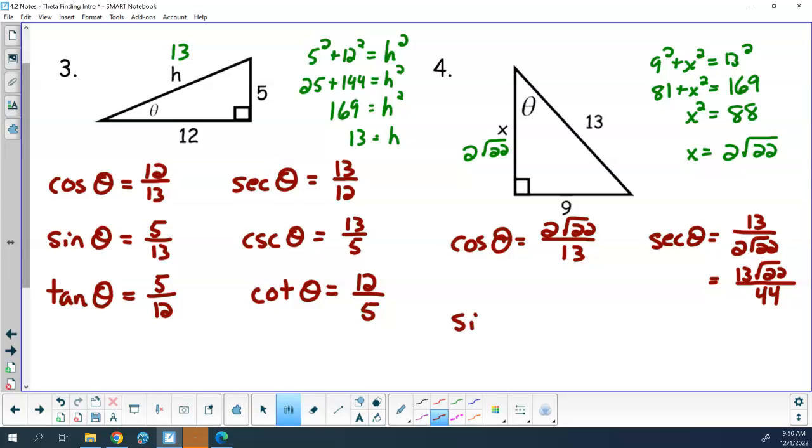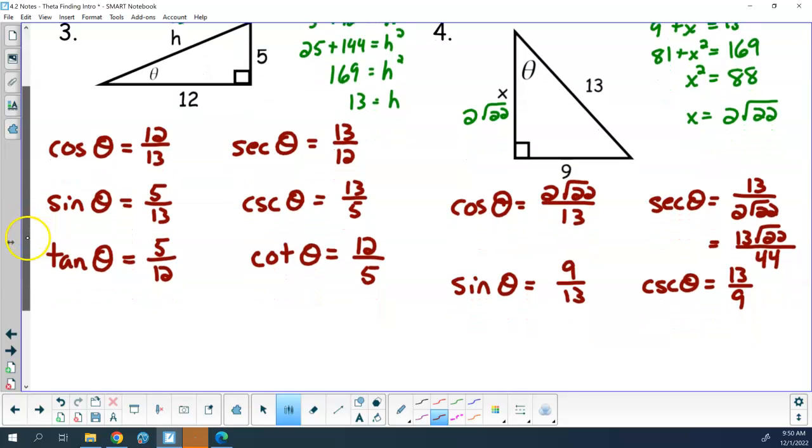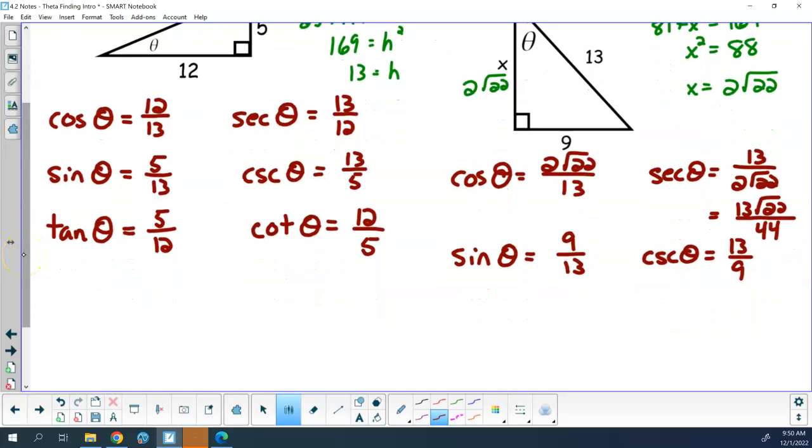Sine of theta is going to be 9 over 13, which means the cosecant of theta is going to be the reciprocal. Tangent of theta is going to be 9 over 2 square root of 22, or 9 square root of 22 over 44.